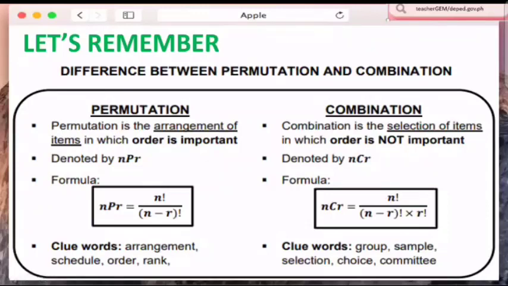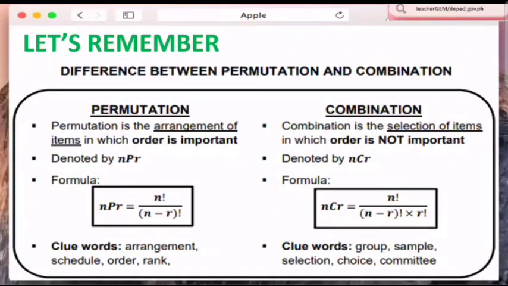Let's remember, nasa module po rin natin, the difference between permutation and combination. Si permutation muna tayo. Permutation, the arrangement of items in which order is important. Denoted siya by the permutation of n taken by r. Yung formula niya, the permutation of n taken by r is equals to n factorial divided by the quantity of n minus r factorial.